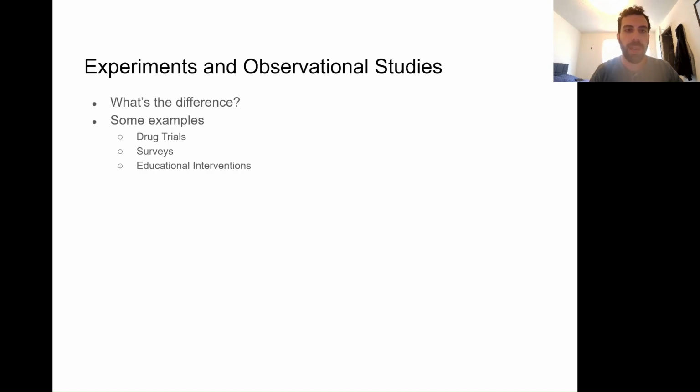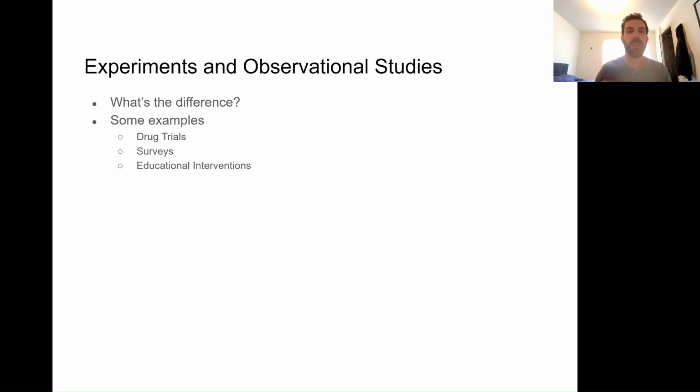So as some of you may have guessed, based on the words, the difference is pretty intuitive. Experiments are conducted where a treatment is applied to one group, or some groups, and different treatments or no treatment, also sometimes referred to as a placebo, is applied to other groups, and we take note of the differences in the form of effect size.